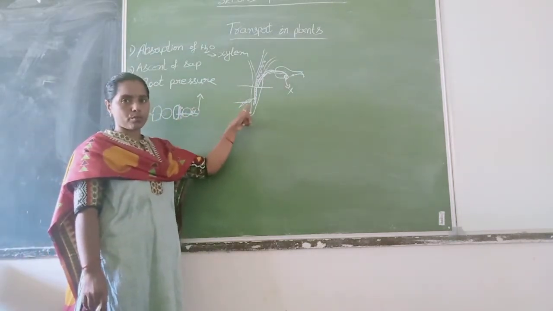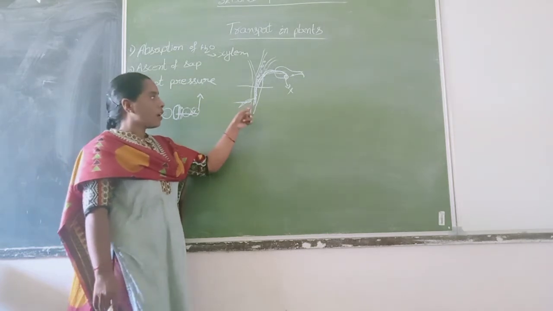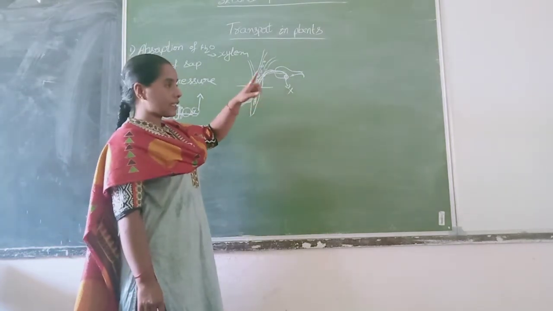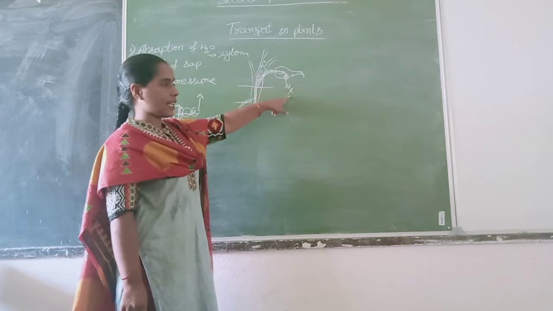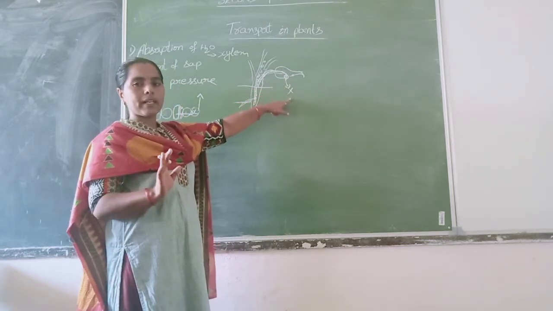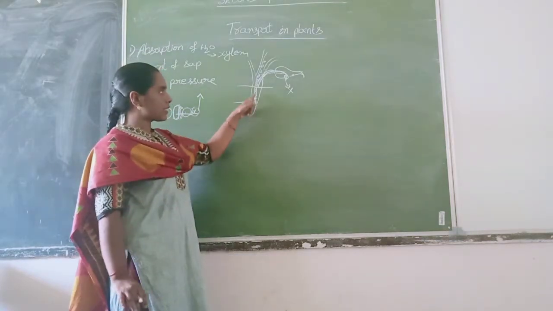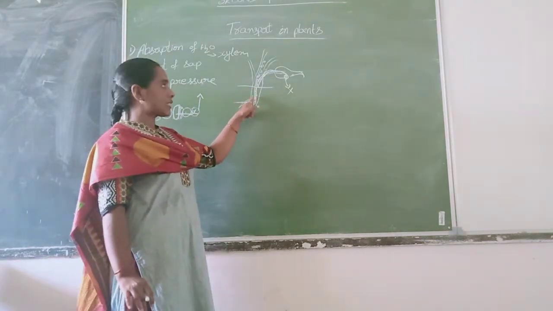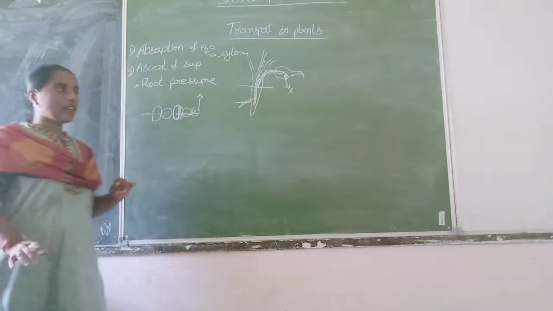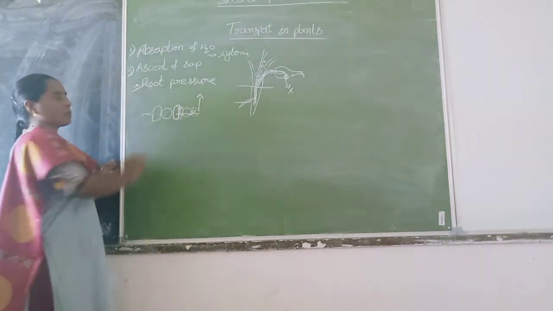At the same time, transpiration is less or completely stopped. In such a case, water which entered into the xylem creates pressure. That is what is said to be root pressure.